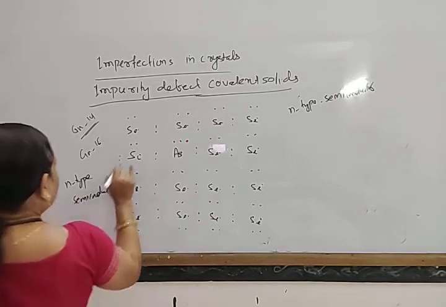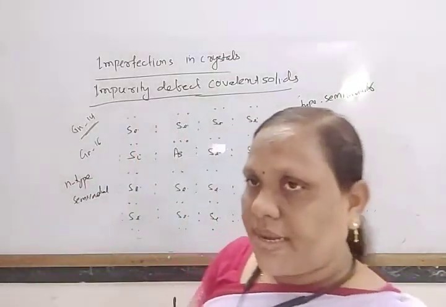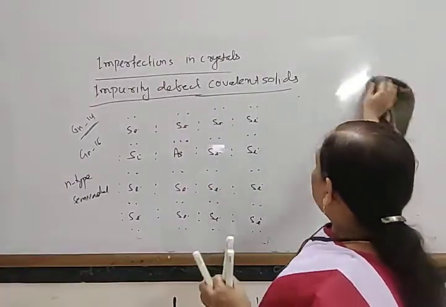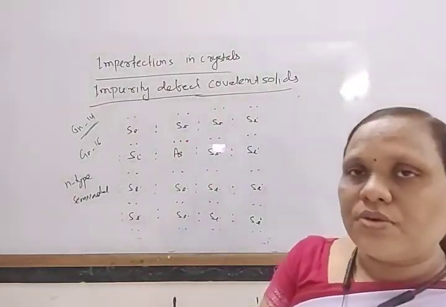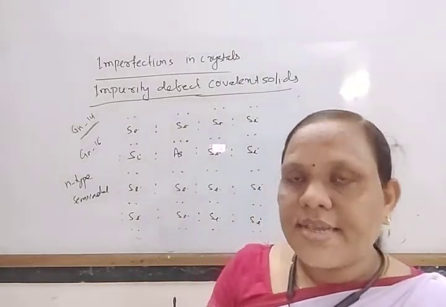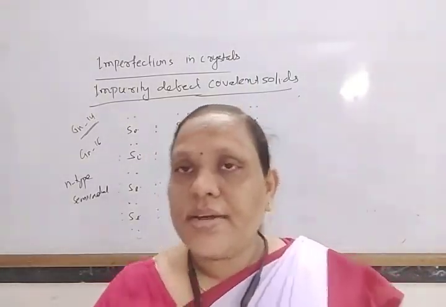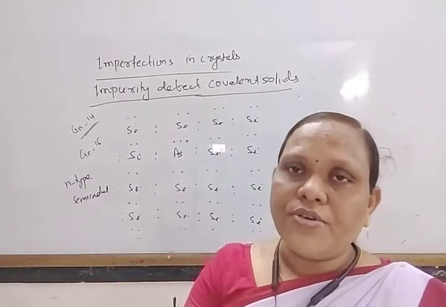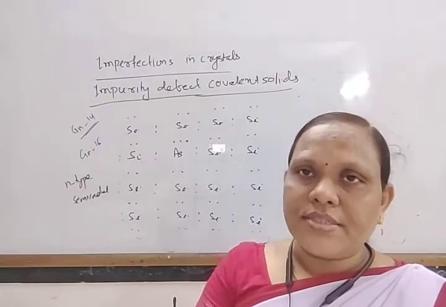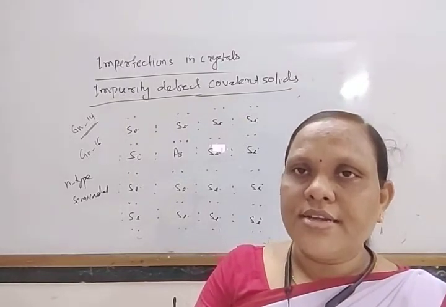As there is an extra, free electron, movement of electrons takes place, and in this way the conductivity increases. So these are some ideas about imperfections in solids, that is, ionic solids and covalent solids.